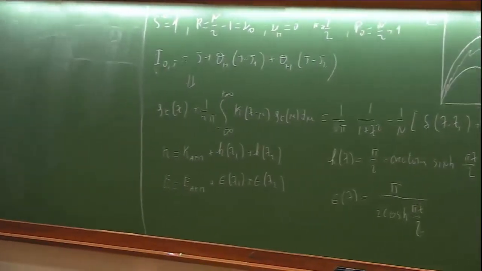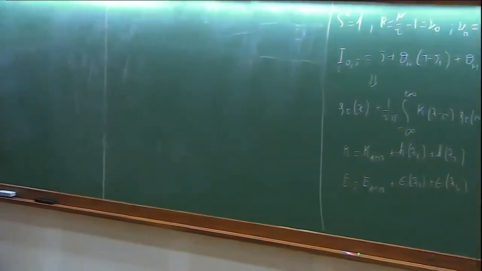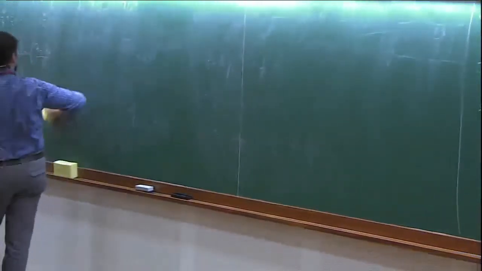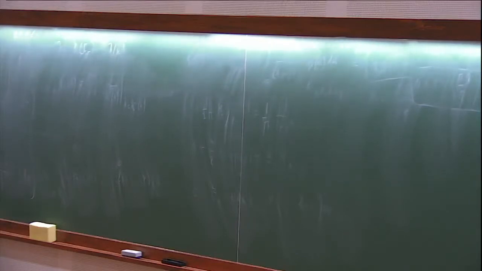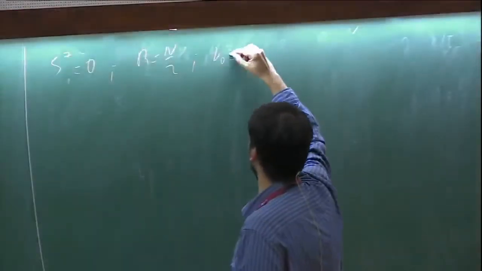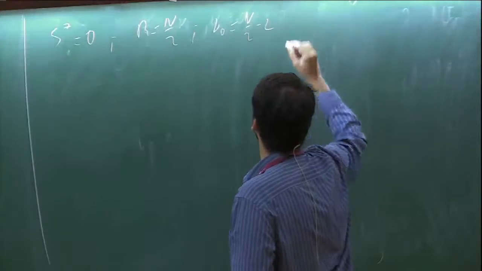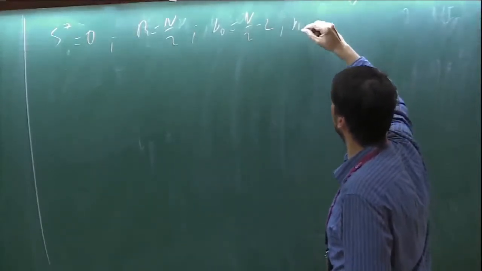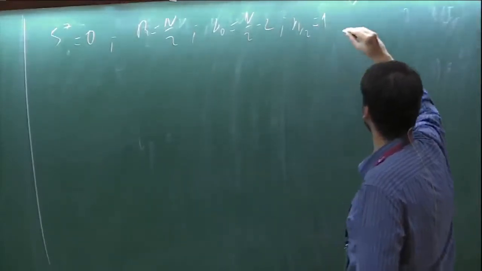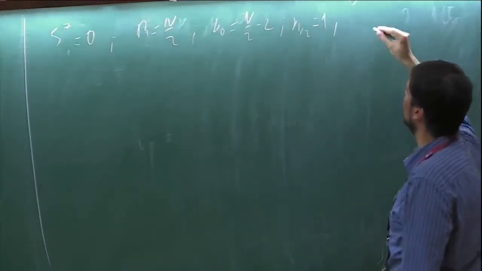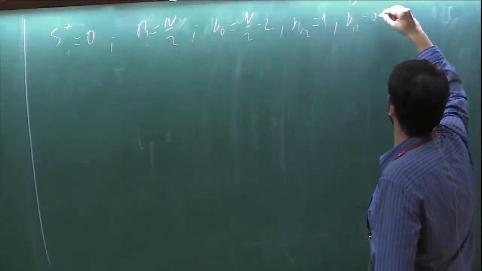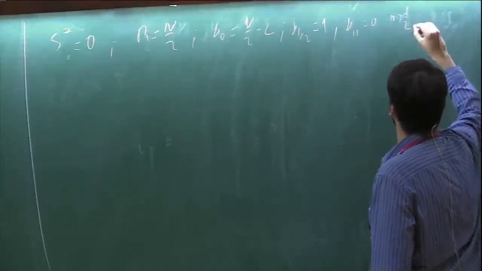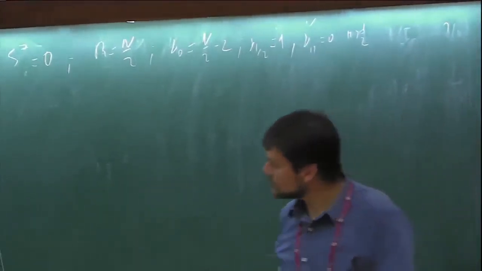So last time I left you with a mistake in the calculation of the state that has zero magnetization, but in which you have n half magnons, but in which nu zero was n half minus 2. Then you have one two-particle bound state, and all the others being 0.